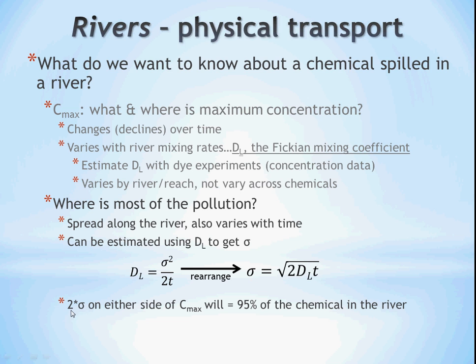And then we know that 2 times this standard deviation on either side of Cmax, which we know, will contain 95% of the chemical in the river. So that way we know where Cmax is, and then we know how far on either side of Cmax the pollution has spread. Just keep in mind this is 2 standard deviations on either side of Cmax, so it's 4 standard deviations total.